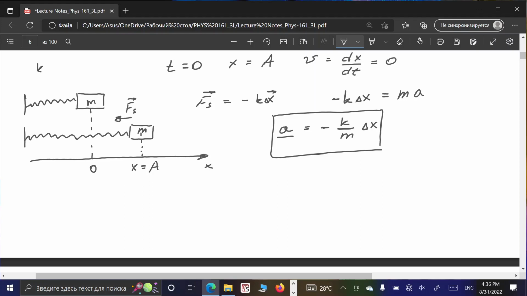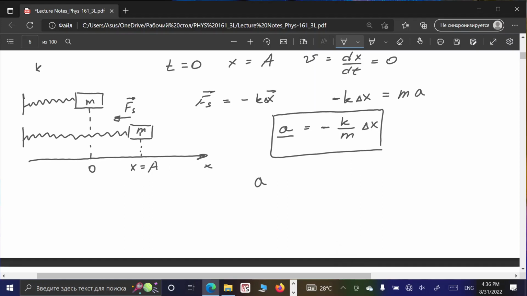That means that position is a function of time, and acceleration itself also is a function of time. So we can write that acceleration as a function of time is equal to minus k divided by m times x, the coordinate position as a function of time.